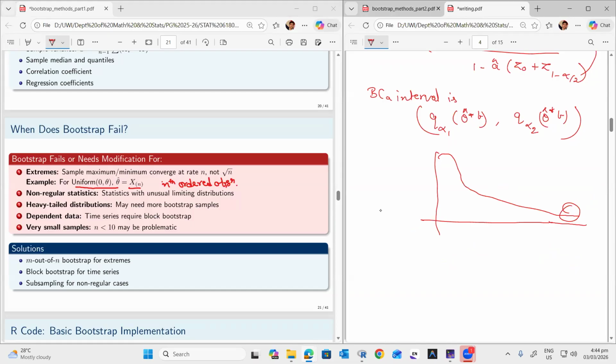All right, because here you have observations in the tail, but those observations do not occur many times. So there is a lesser chance that they will occur in your given bootstrap data set again and again, right? Dependent data, so time series data, require the block bootstrap. The simple bootstrap method you cannot use on dependent data, because in a time series the present observation depends on your past observations.